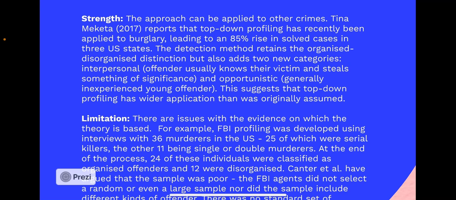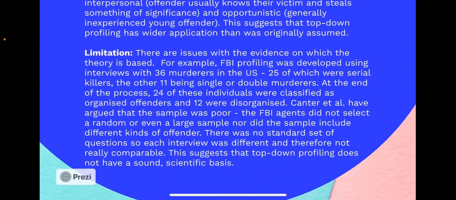So they still use the same ideas and they look for organised and disorganised, but they add 2 new categories: interpersonal, so the offender knows their victim and steals something of significance, and opportunistic, which is a generally inexperienced young offender. So it suggests that top-down profiling has wider application than just murders. It can actually be used to identify individuals with regards to other crimes.